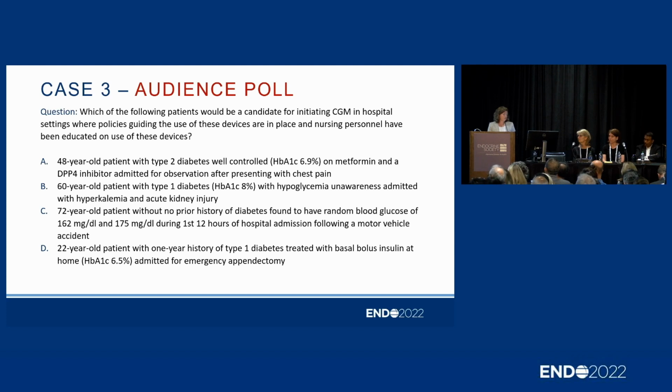C, a 72-year-old patient without a prior history of diabetes found to have random blood glucose of 162 and 175 in the first 12 hours of hospital admission following a MVA. Or lastly, D, a 22-year-old patient with 1-year history of type 1 treated with basal bolus insulin at home admitted for emergency appendectomy.